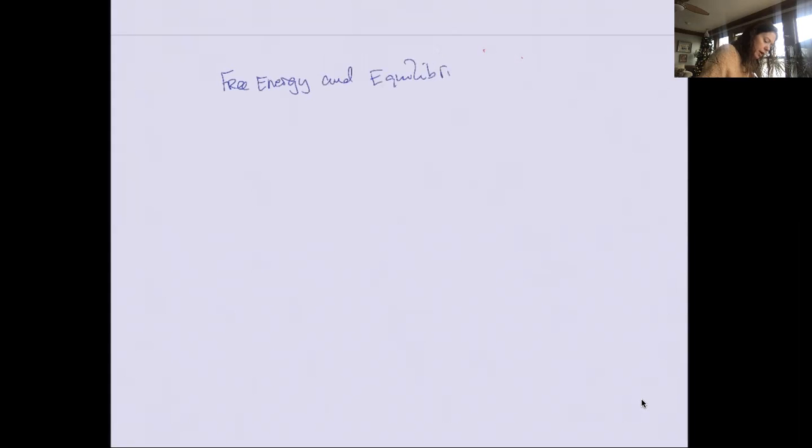We know that what we're going to relate here, guys, is delta G and K. And it's just logic, right? Remember, if K is greater than 1, then equilibrium lies to the right.